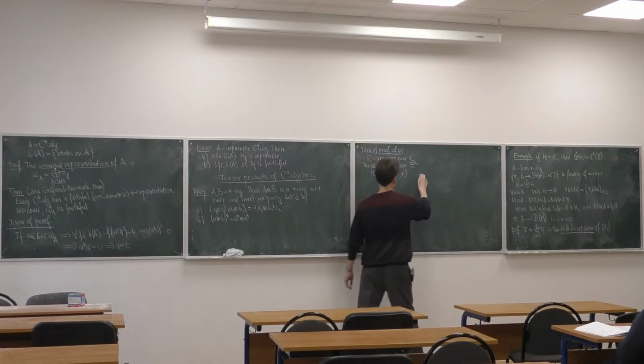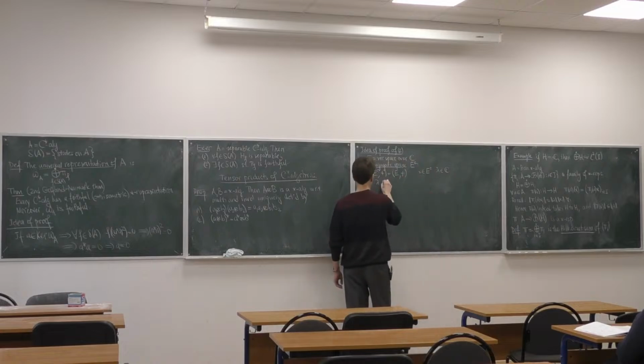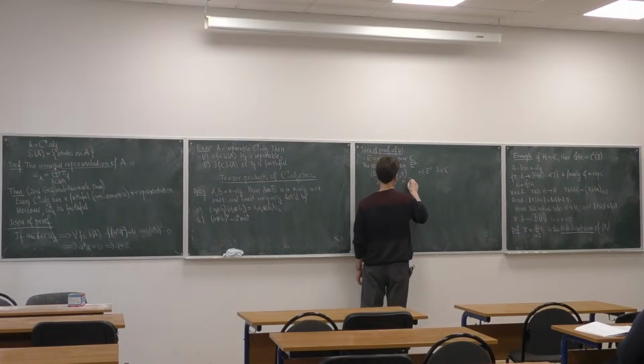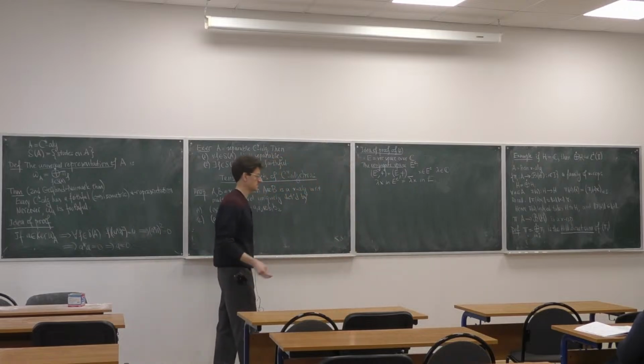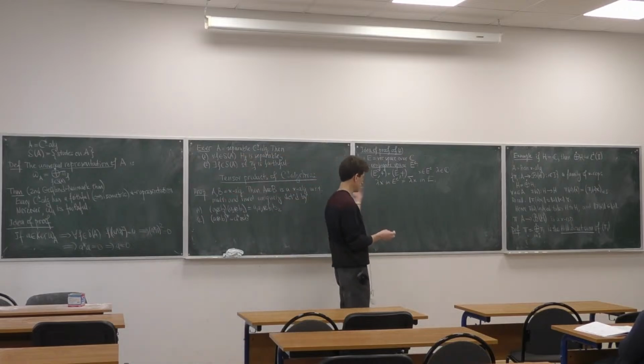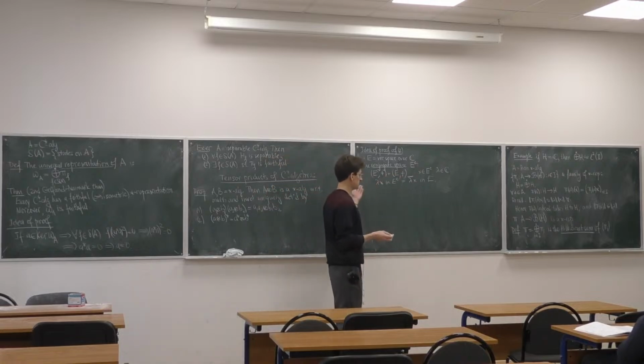So if x sits in EC and lambda is a complex number, then by definition, lambda x in EC is the same as lambda bar x in E. So formally we get a new vector space where the complex numbers act in a slightly different way. Why is it convenient?